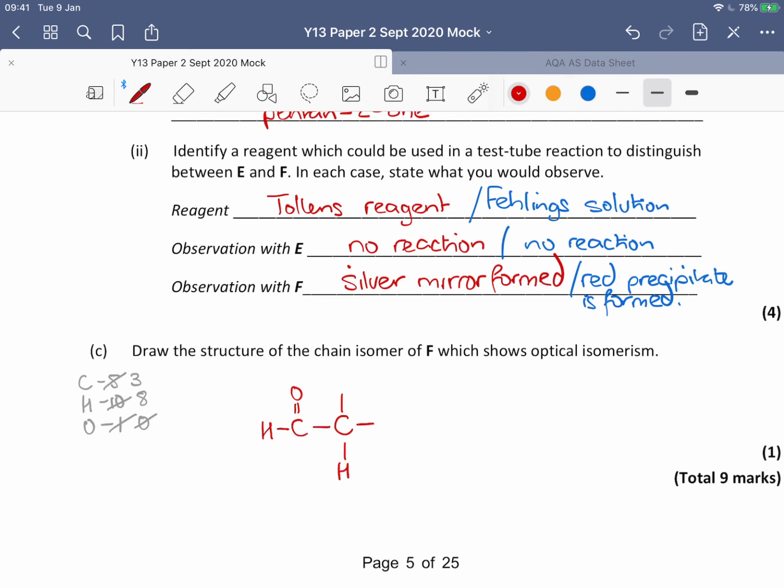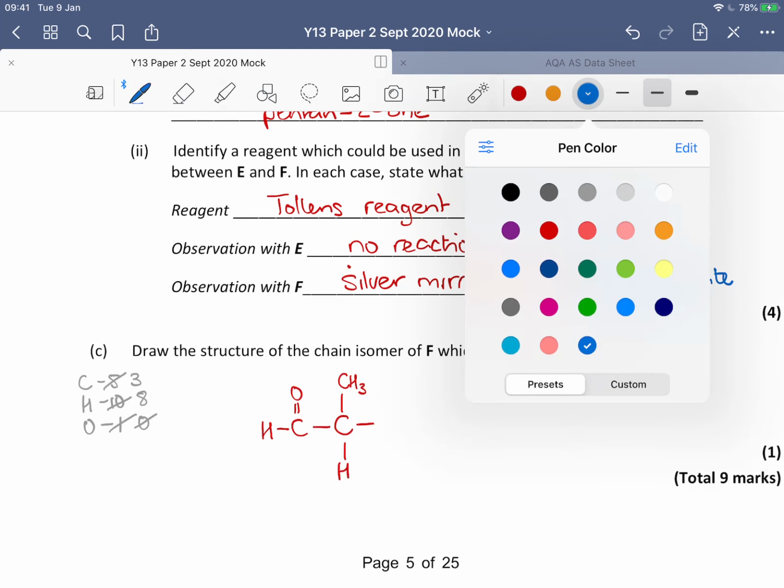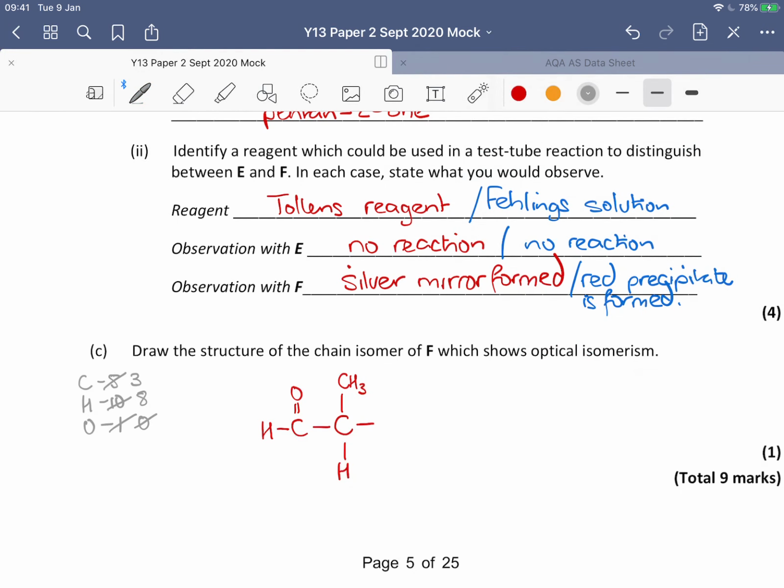But a hydrogen is always going to be off a chiral carbon, and given how many carbons you're ever going to have in an A-level question, I think the maximum is 6 or 7, and I think it's probably 6. A methyl group is typically 1 as well. So that means we have used another carbon, got 2 of those left, used 3 of those, so got 5 of those left.